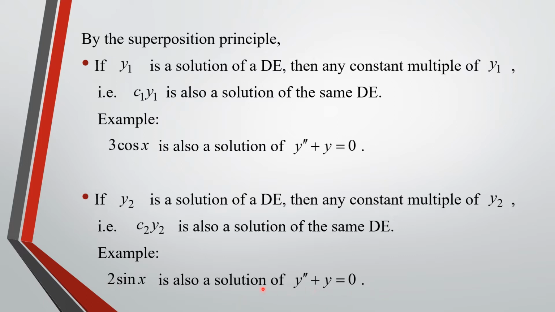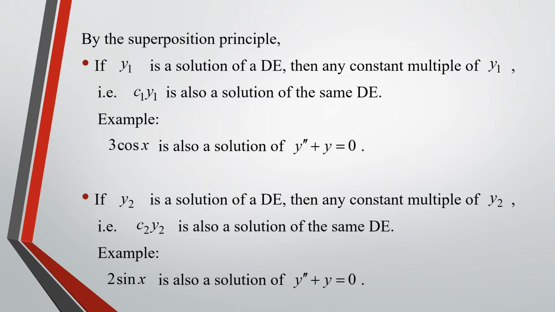We can verify. You substitute 2 sin x into this part of the DE, and then you differentiate this twice and substitute into this part of the DE, and you find that the left hand side is equal to the right hand side. That means c2y2 is also a solution of the same DE.